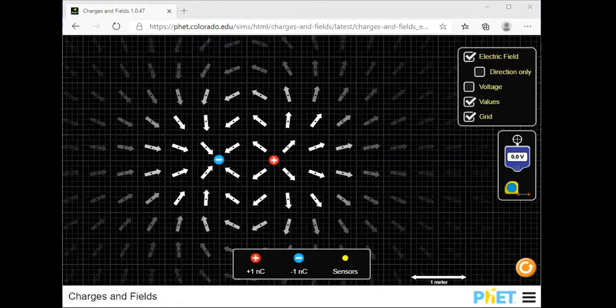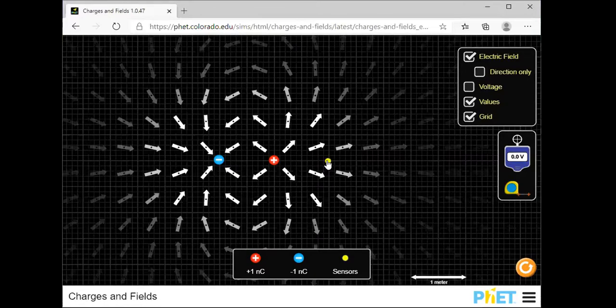All right, so let's share the screen again and see what happens. Here we go. I'm just going to pick a spot to the right. My origin is right between the negative and positive charges, and I'm going to take my sensor and sample a location off to the right, as I was asked to.